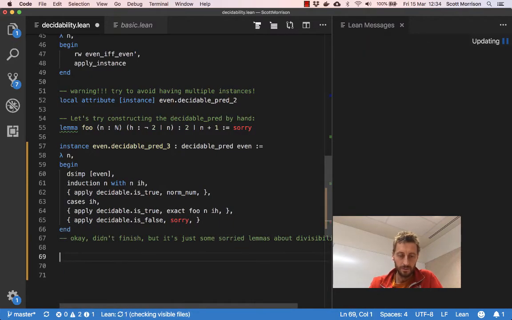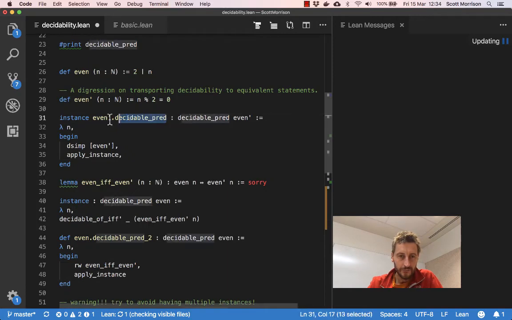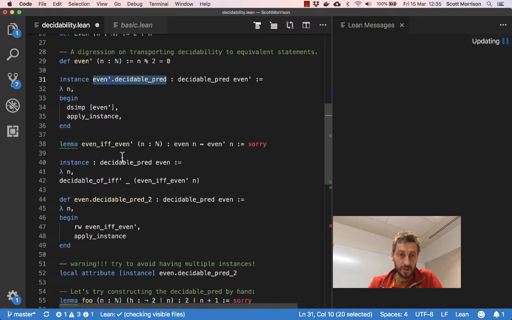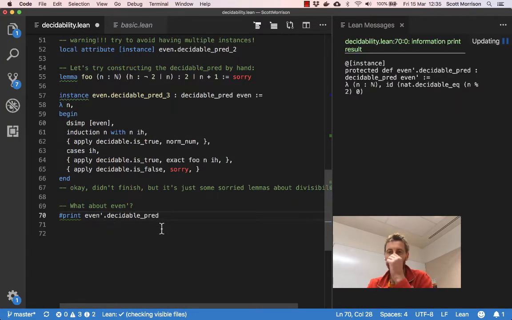Let's just print that one and see what actually, oops, copied and pasted incorrectly. This instance that Lean just produced for us using the n mod 2 equals 0 version, what did we get?